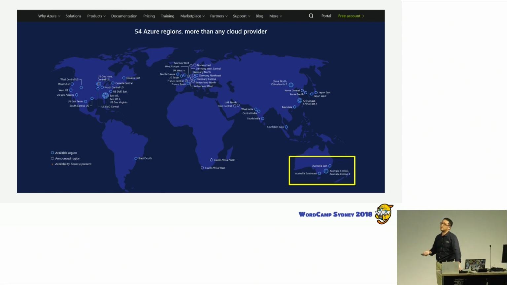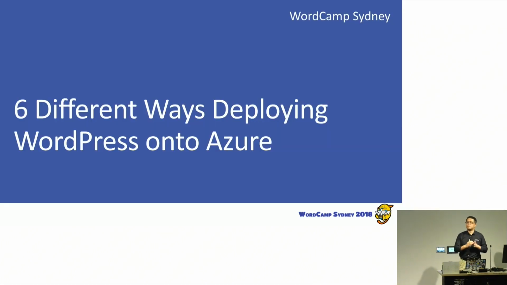Depending on your business requirements, we can deploy our WordPress website anywhere in the world, including Australia. There are actually many different ways of deploying WordPress into Azure Cloud, but these 6 ways are the most distinctive, so we can cover those.